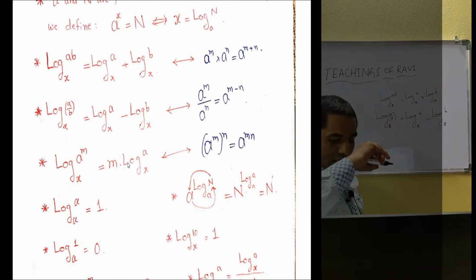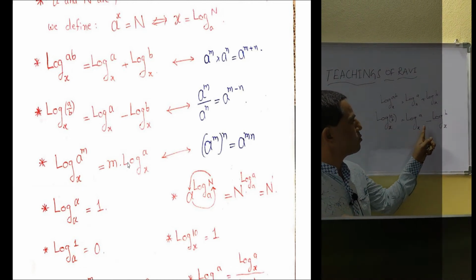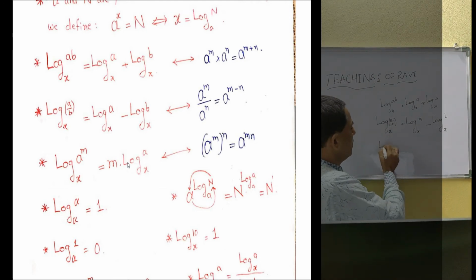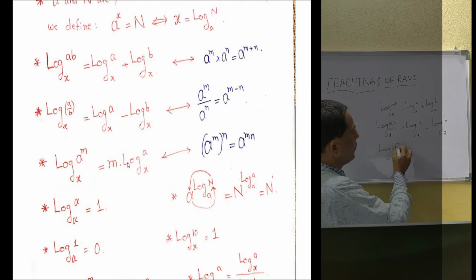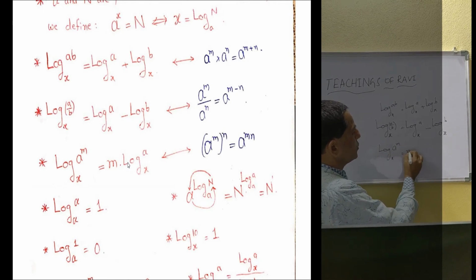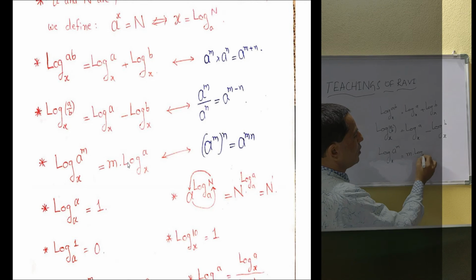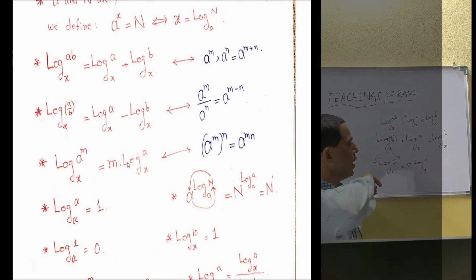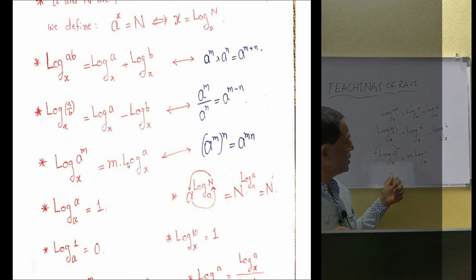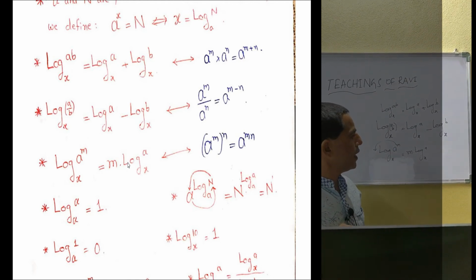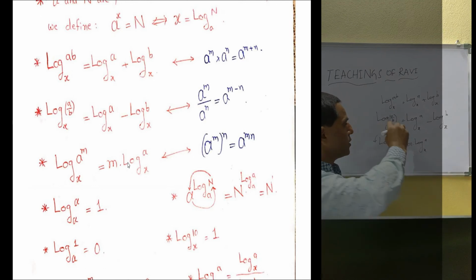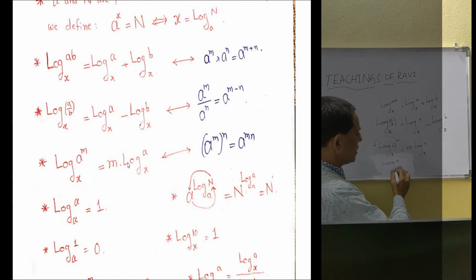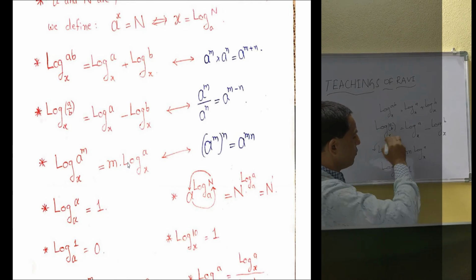Log A by B base x is equal to log A base x minus log B base x. Next, log A to the power of m base x is equal to m into log A to the base x. Here the power comes in front. Next one: log A base A, we get its value 1.